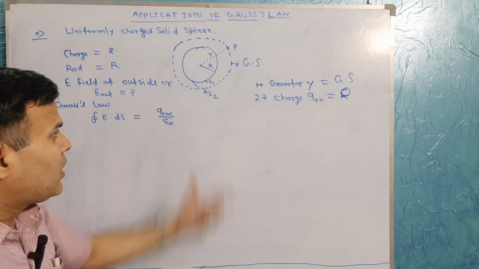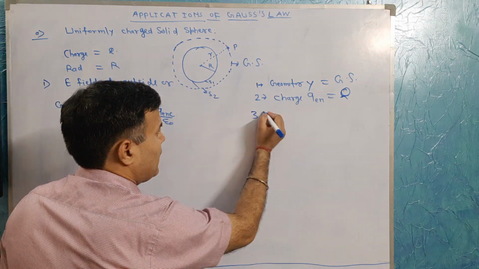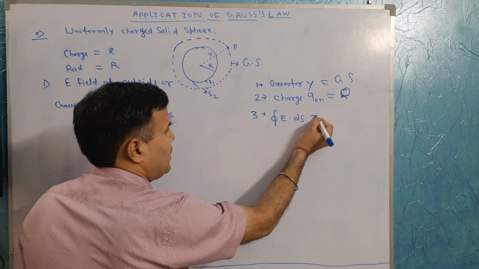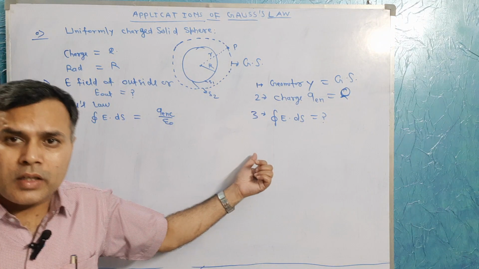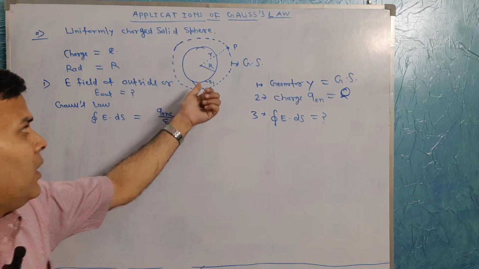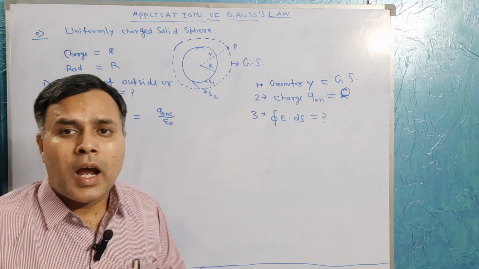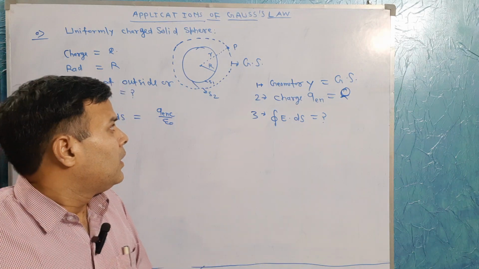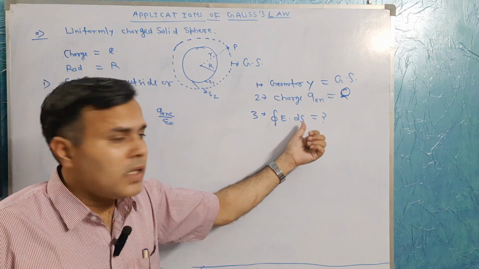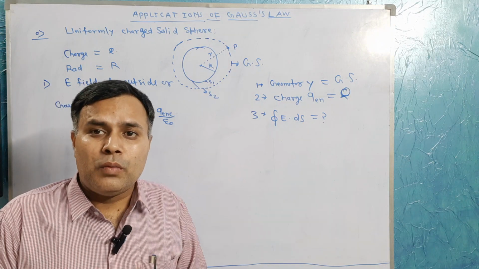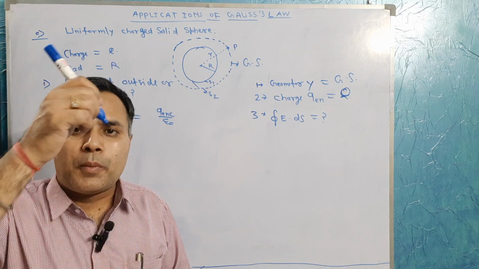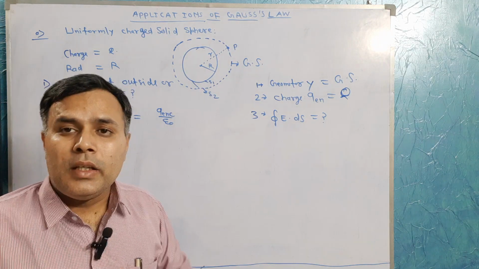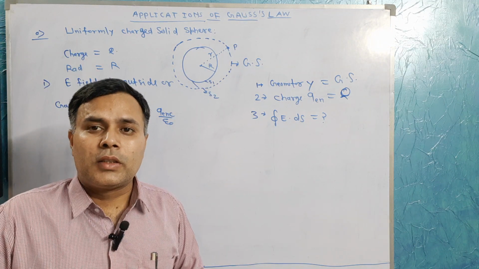Now what is E dot ds? This is our third step. E is the electric field which is constant and radially outward. If you take the Gaussian sphere, ds is the area vector which is always normal to the surface. So E dot ds is basically |E| ds cos theta.